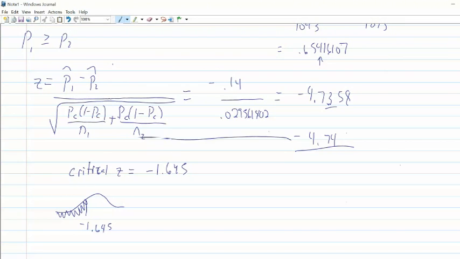Our test statistic, negative 4.74, is definitely less than negative 1.645, so we will reject the null hypothesis. And that's the next step, step 5. Our critical value for step 4 was negative 1.645, and then step 5 is going to be to reject the null hypothesis because our test statistic does lie in the critical region. Best of luck.